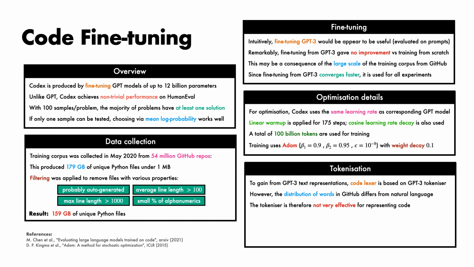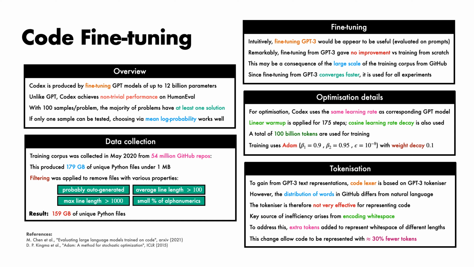It is found that a key source of inefficiency arises from encoding whitespace, so a number of additional tokens are added to represent whitespace of differing lengths. Making this change allowed code to be represented with approximately 30% fewer tokens.